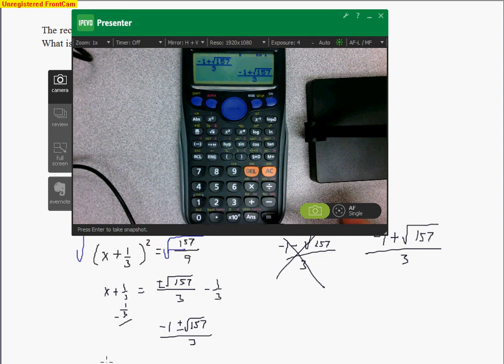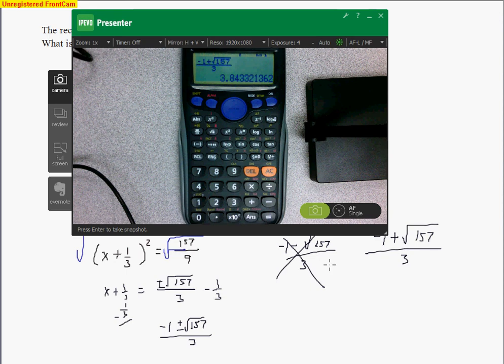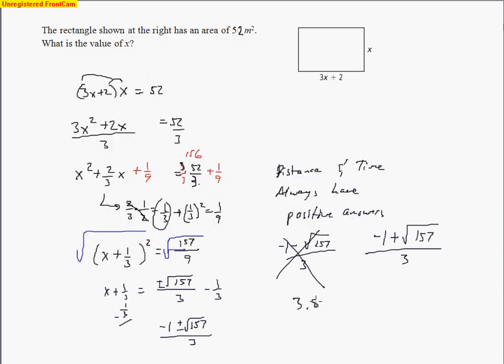And you see how it gives me that answer. So that's correct. That's what I'm looking for. SD gives me the decimal form right there. So 3.84. I'll round to the nearest hundredth here. So this 3 here in the thousandths place is not big enough to round that up. So I'm just going to leave it as 3 and 84 hundredths. And these are meters. And so that's going to be our answer.